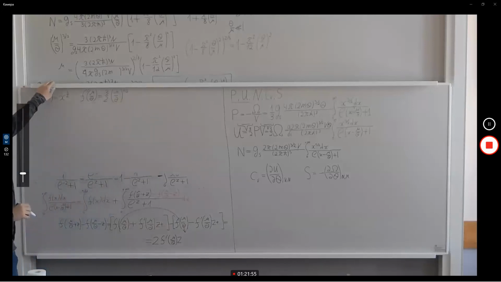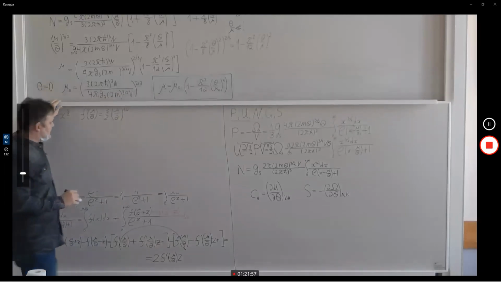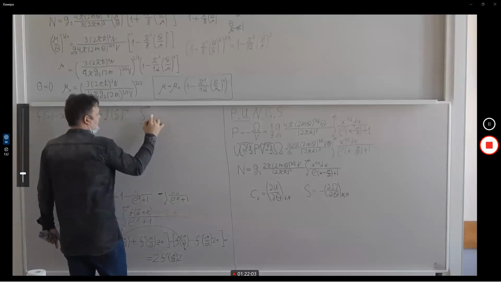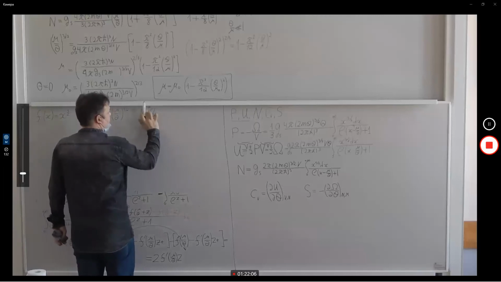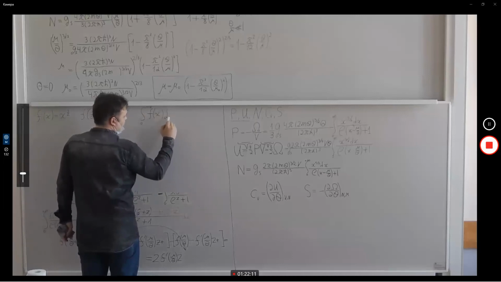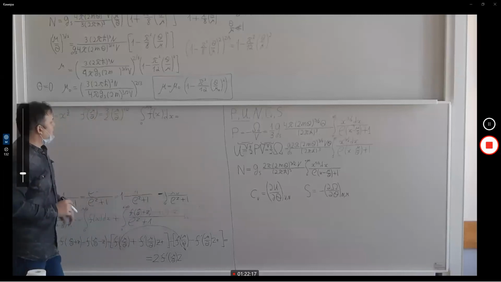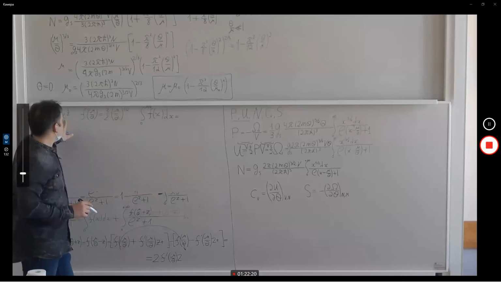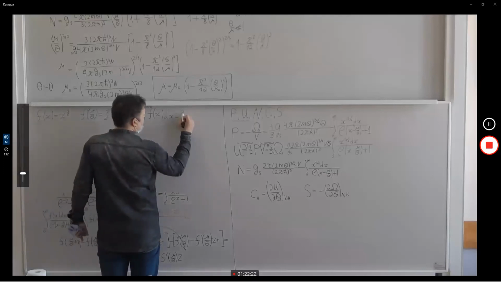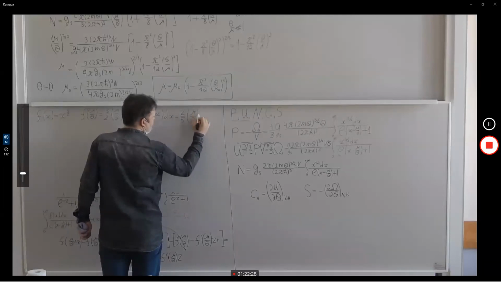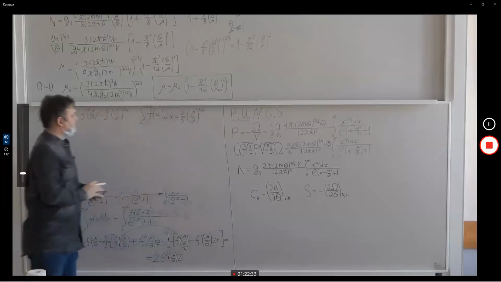And one very important thing is the integral from 0 to mu divided by theta of f of x dx. It's very easy to find this expression. So x to the power 3/2, we have 2/5 mu divided by theta to the power 5/2.